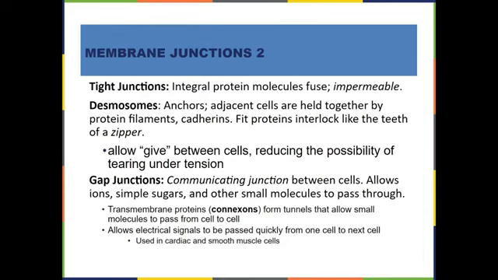So tight junctions use integral proteins to fuse the membranes together. Desmosomes use glycoprotein anchors, and so it's essentially linking those together kind of like a molecular zipper and allowing for some stretch or shearing pressure. It allows for some give. So that also reduces the possibility for tearing under tension or pressure. And then gap junctions and plasmodesmata are both communicating junctions between cells. Gap junctions between animal cells, plasmodesmata between plant cells.